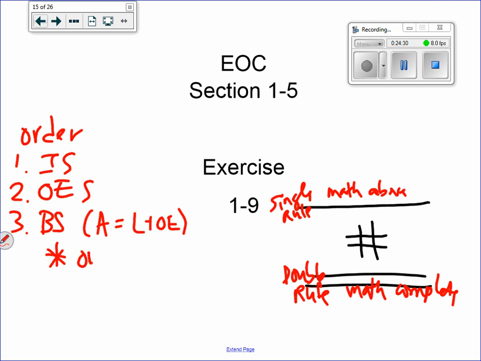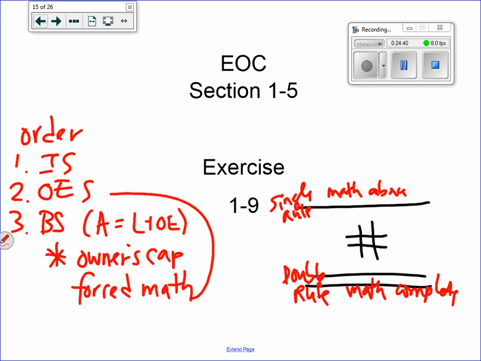Knowing that owner's capital is forced math from here and here. That, my friends, will be a driving force. If you're going to memorize something, memorize that because you're going to do it in this order. Ending with balance sheet, which is simply ALO. When you get to the owner's equity, you will have one account called owner's capital that's forced math from doing the other two. That's why we go in that order.